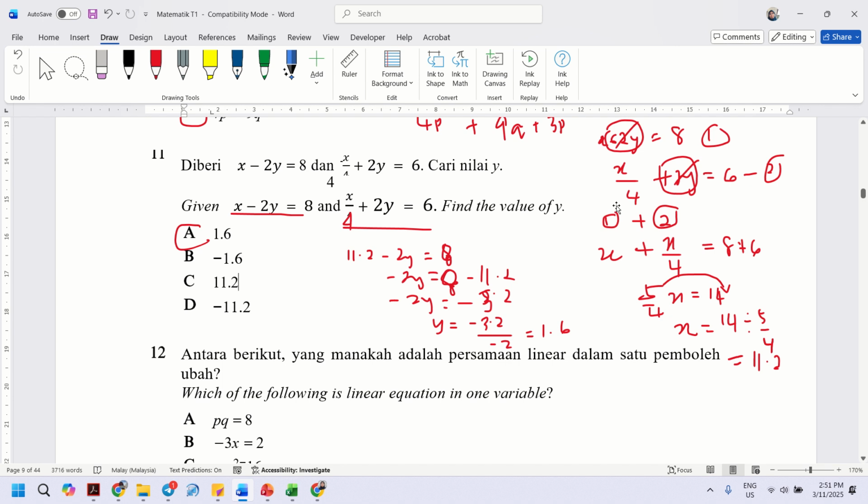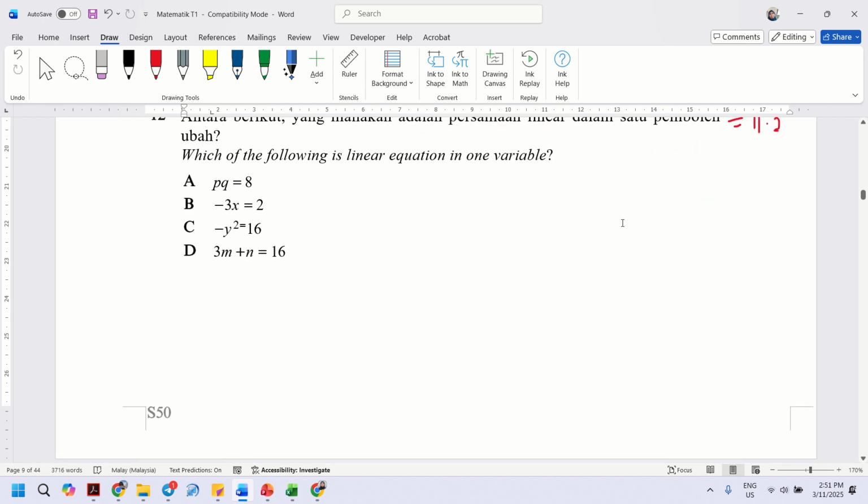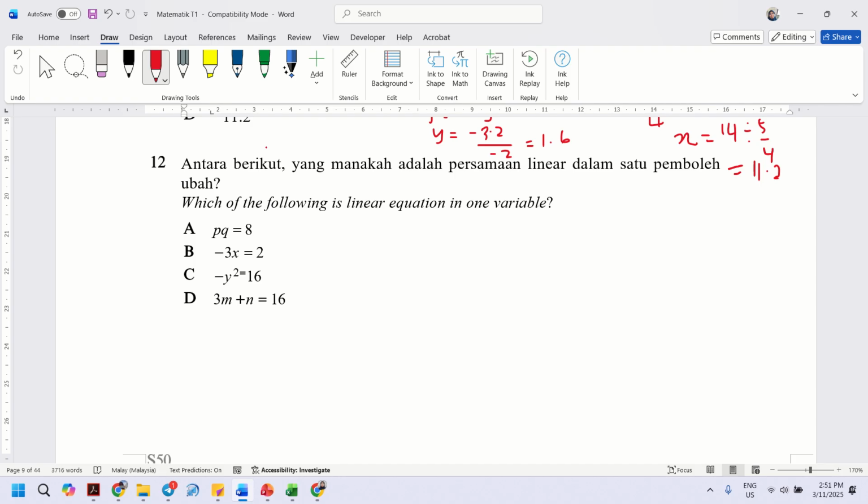Now look at question 12. Which of the following is a linear equation in one variable? You have to know what a linear equation is.